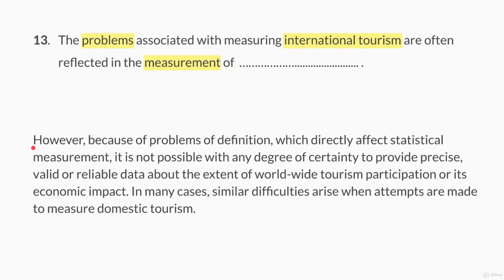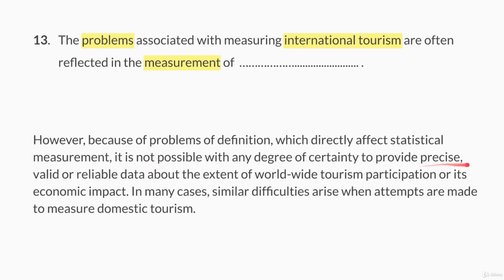So I'm going to start looking for our keywords, and right away, I have found our first keyword, which is problems. Okay, I found our keyword problems. I'm going to read a little bit more just to see if I can find these other keywords as well. So I'm going to keep going on, and okay, there's another keyword, measurement. Since I have found two keywords in the same sentence, there is a very high probability that my answer is going to be somewhere around here.